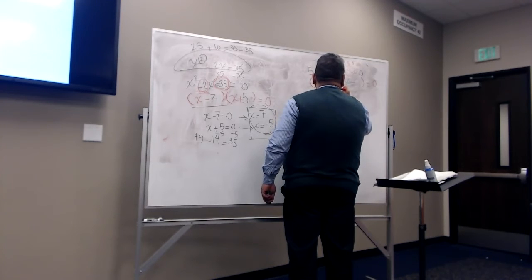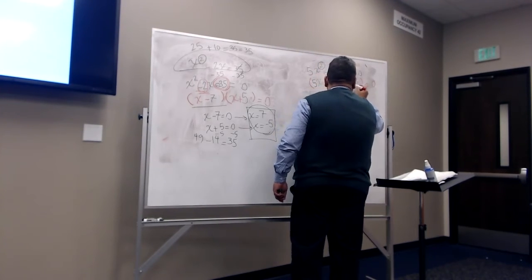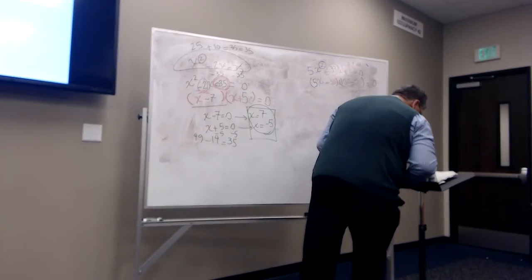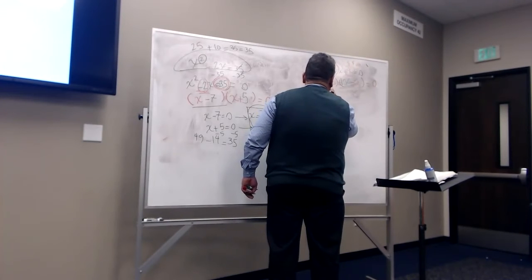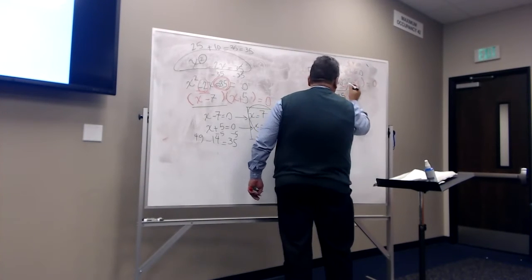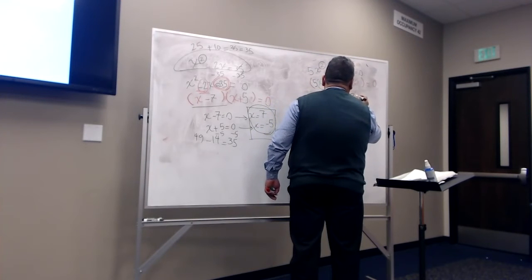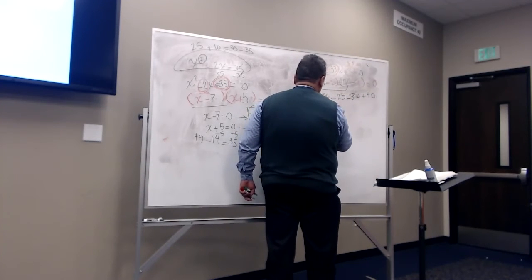I want to have minus 8 and minus 5, because as you multiply, if you multiply 5x, you get minus 25x, you get minus 8x, and you get plus 40.